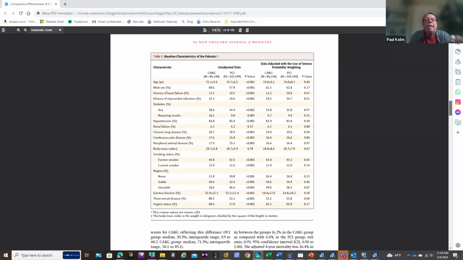And so this is the way that you do this with the use of inverse probability weighting.